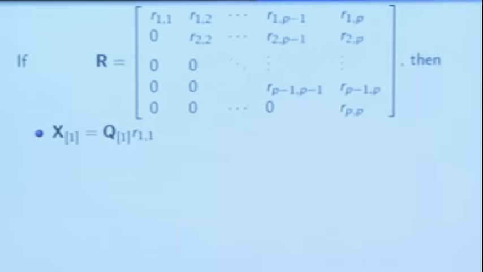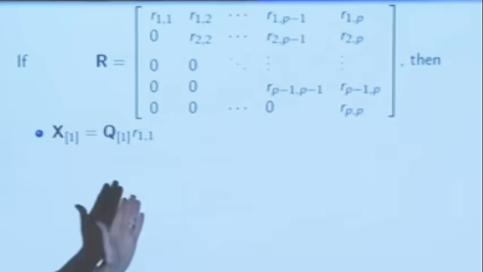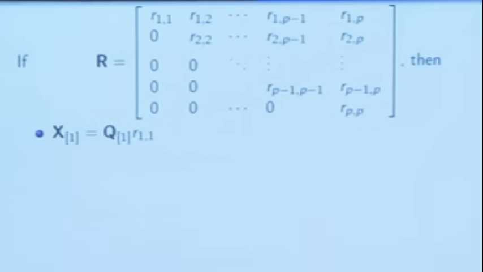Let's see. So if we define R, the upper triangular matrix in the QR decomposition, to have zeros below the diagonal and then possibly non-zero values along the diagonal and to the right, we're just going to solve for Q and R through this Gram-Schmidt process.